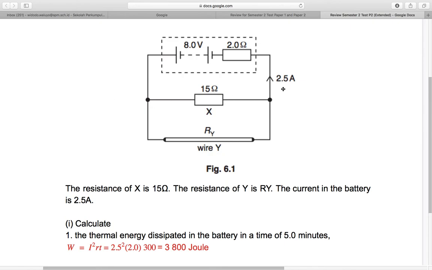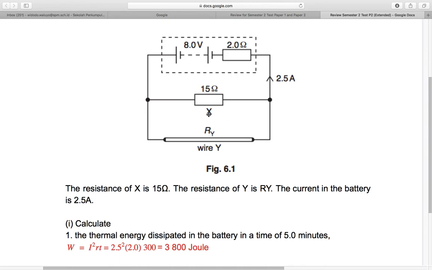Into the junction is 2.5, and out of the junction is Ix and Iy. Ix has the potential difference of the battery, because this is parallel, the same as the potential on the 15 ohms.